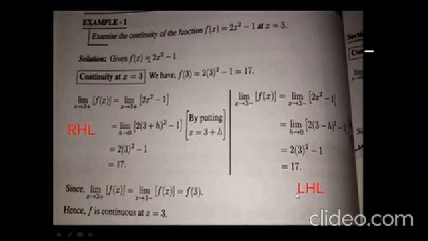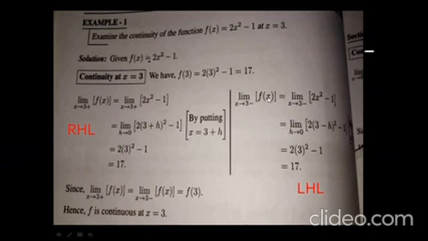Similarly, we can solve the left hand limit. In the left hand limit, we apply the definition: limit x tends to 3 minus f(x). 3 minus means we find the left hand limit at the point x = 3.